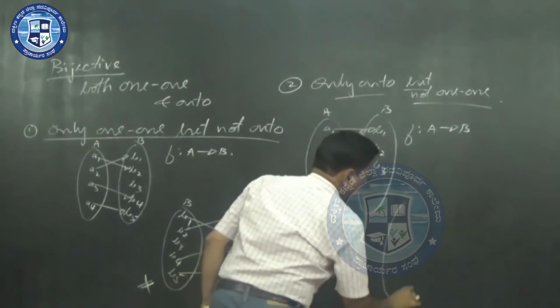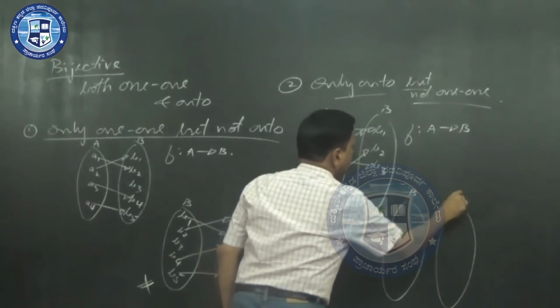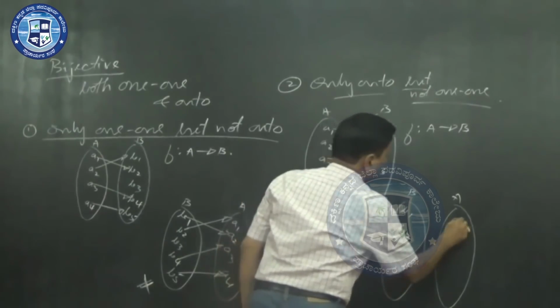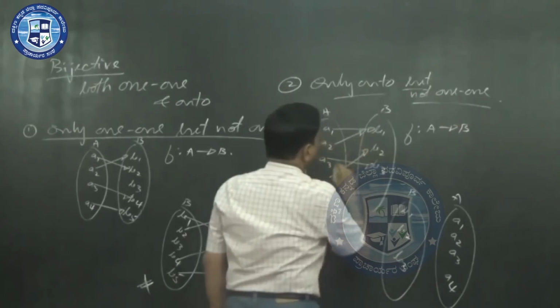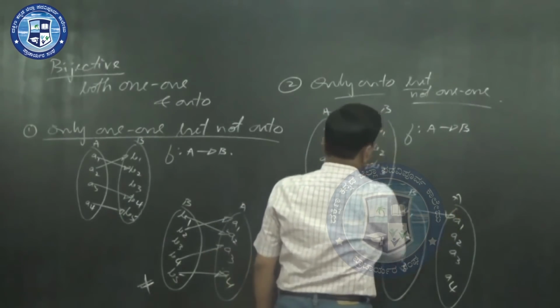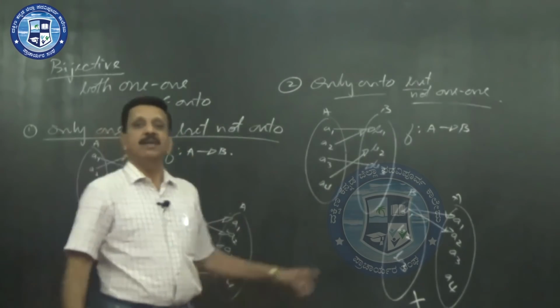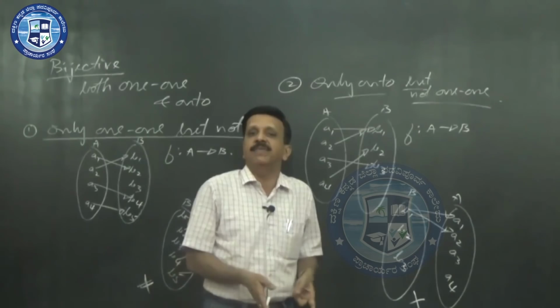When you try to write the inverse relation for this, say this is B, this is A, B1, B2, B3, A1, A2, A3, A4. B1 to A1, B1 to A2, this is enough to say that this is not a function, because divergence from the first set to the second set is not at all allowed if it has to be a function.